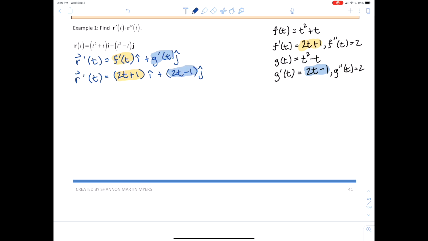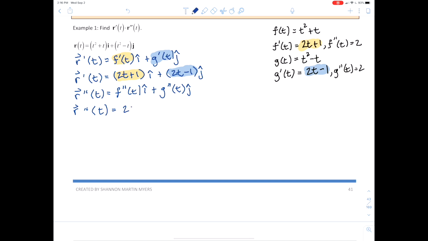Good so far? Awesome. So r double prime at t is going to be what? Beautiful. It would be f double prime at t times i plus g double prime at t times j. And what did we get for those? We got, I think, 2 for each of those.